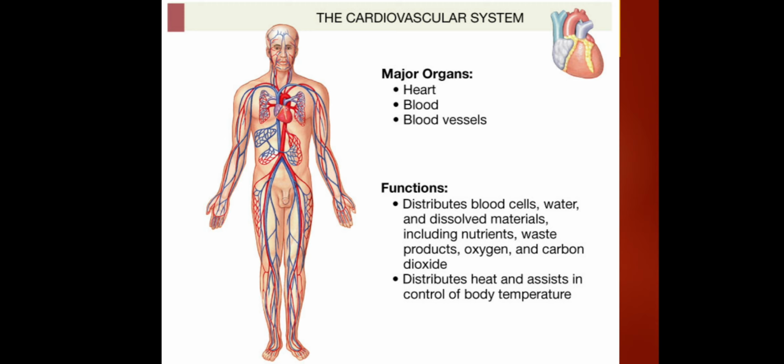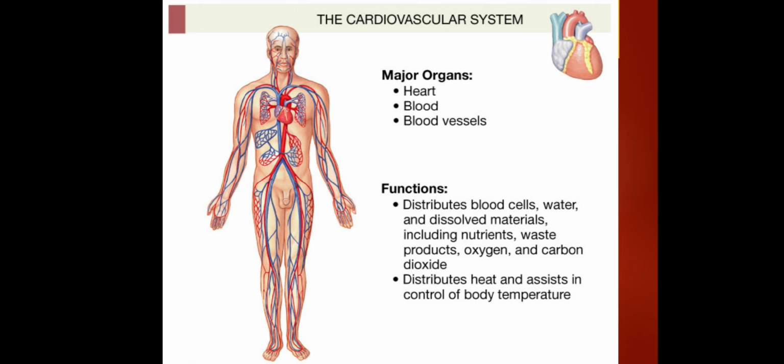So that is the function of the cardiovascular system. Aside from that, it can also help to stabilize your body temperature. That is why it is said that it distributes heat and assists in control of body temperature, because the cardiovascular system has the function that can stabilize your body temperature. So that is the function and the major organs of the cardiovascular system.